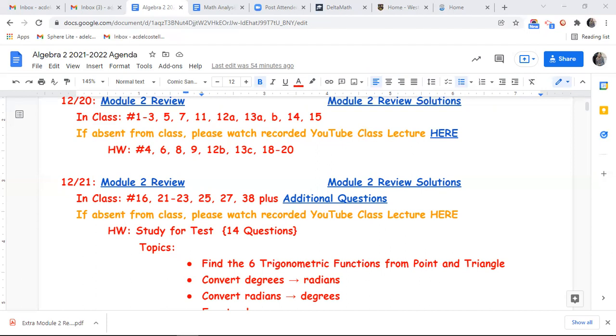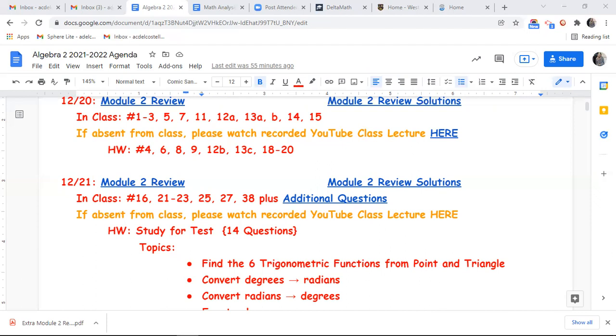Okay, so now let's do letter B. Letter B, what can I do to turn this angle into something that's positive? Plus 360. Just to turn it positive. Yep.